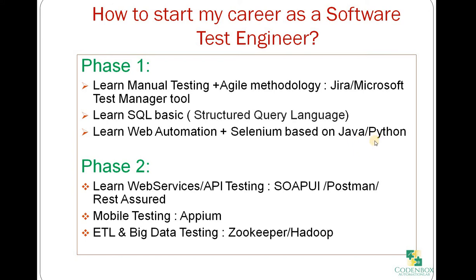You can learn those languages individually first, and then go to the Selenium automation tutorials. Or you will find industry experts around you. At our Code and Box Automation Lab, we teach Selenium end-to-end training based on Java, and soon we're going to open a Python training too. Either way, there are lots of tutorials available online.